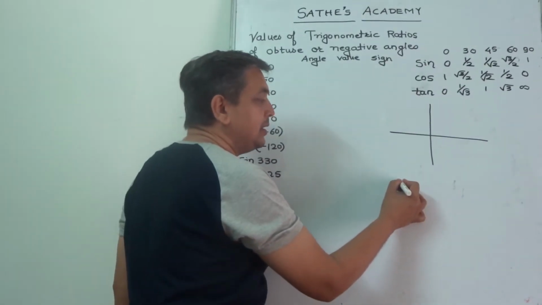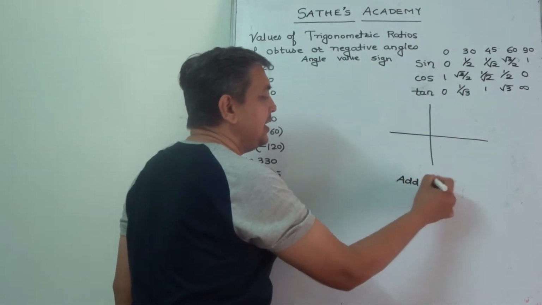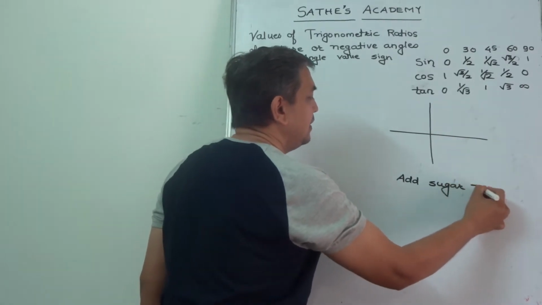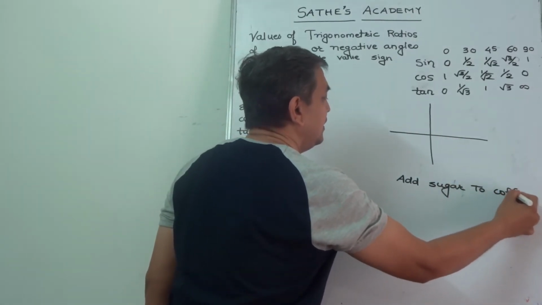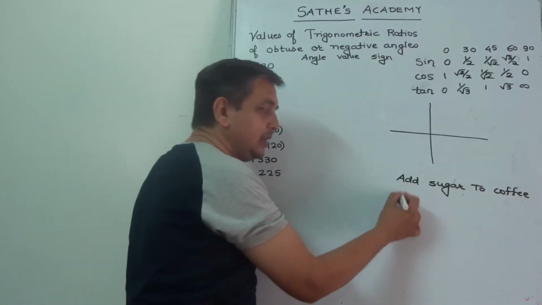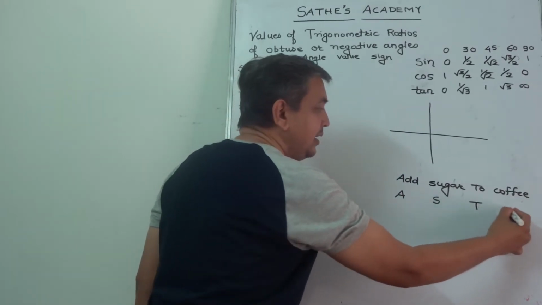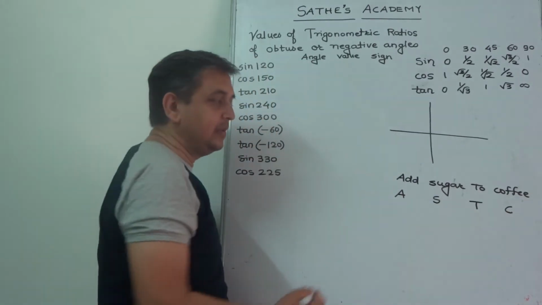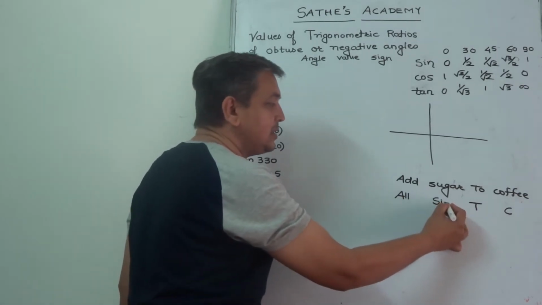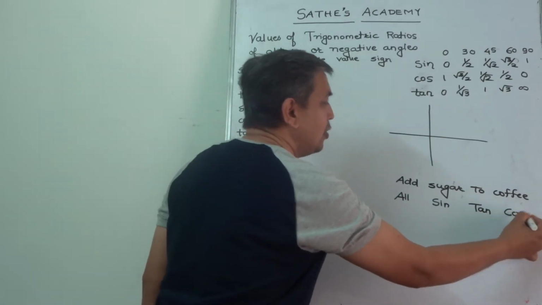We remember a sentence: Add sugar to coffee. A, S, T, C. Now from A we say all, this is sine, this is tan and this is cos.